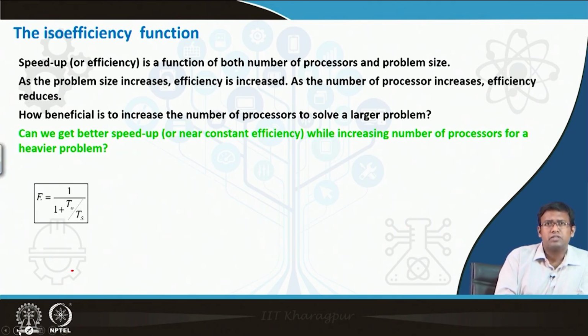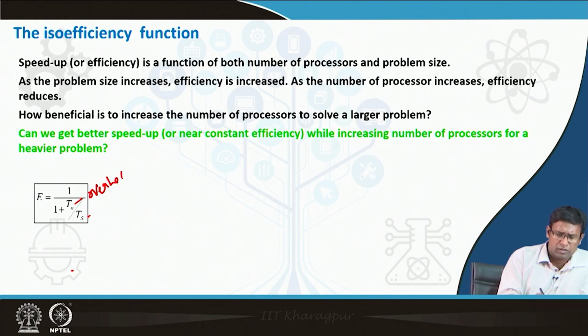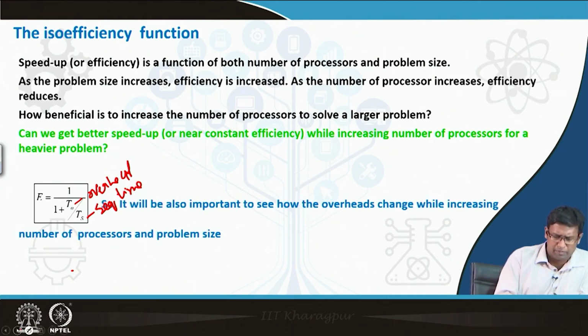So, you know, efficiency is 1 by 1 plus T0 by Ts, where T0 is the overhead time and Ts is the sequential time, that is, if we solve it in a single processor, Ts will be the time. So, it will be important to see how overhead T0 changes while increasing the number of processors and the problem size.